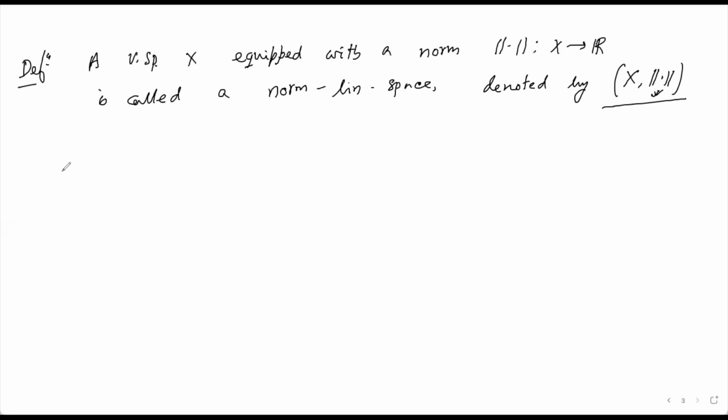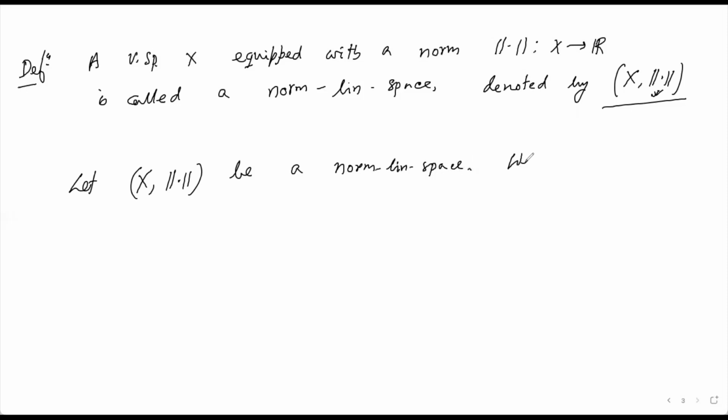Now we define a metric on X with the help of this norm. So let X comma norm be a norm linear space.